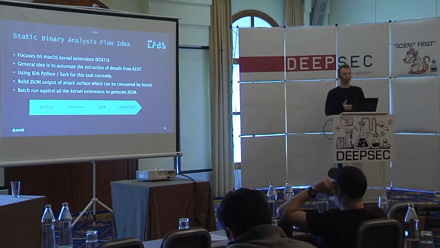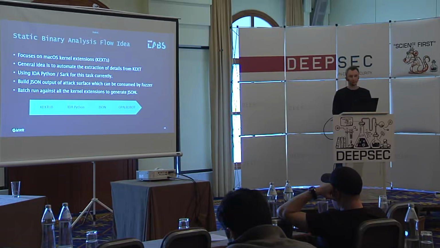Okay, so now I've got my utility library. What else do I need to do? Well, basically the next stage was to do some static binary analysis, and find as much information as I could to pull out statically from binaries. That was focusing on the kernel extensions, which are called KXTs.